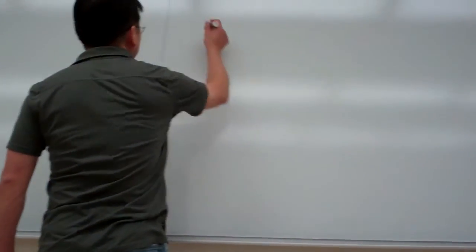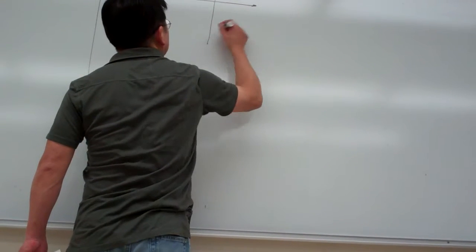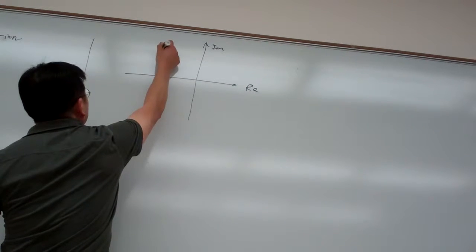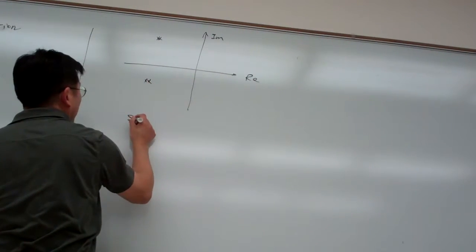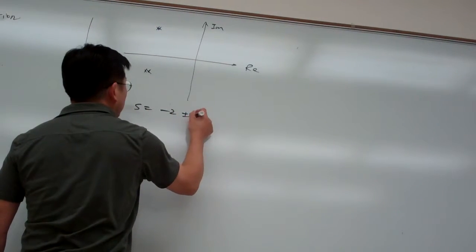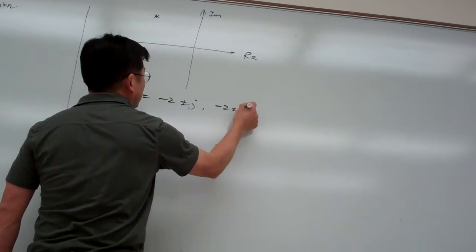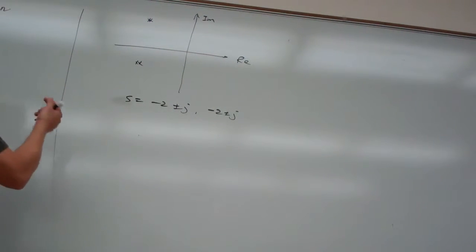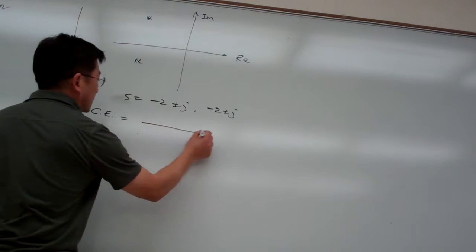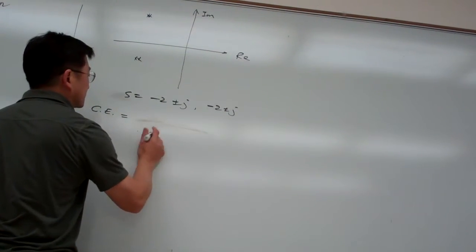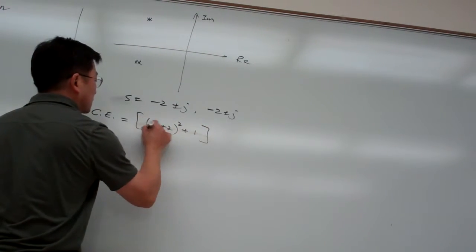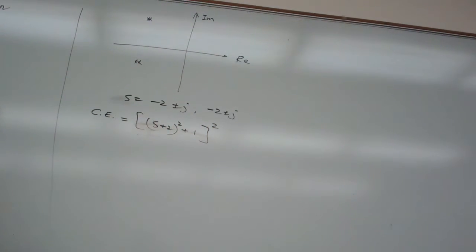Let me redraw the system: the real part, the imaginary part. Here we have the roots minus 2 plus j and minus 2 minus j, so our characteristic equation will become (s plus 2) squared plus 1 squared.